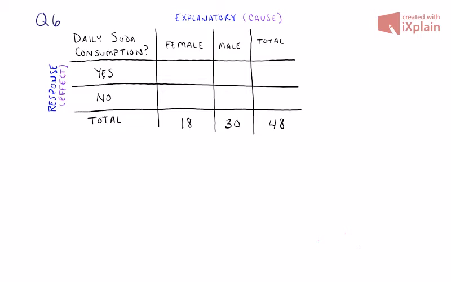So in that case, if I split the female group down the middle and get 9 of them who say yes, I drink soda daily, and 9 of them who say no, I don't, I can reproduce that for the males, who would then be broken into 15 and 15. This would then allow me to fill in these 2 empty spaces, because 9 plus 15 would give me a 24.